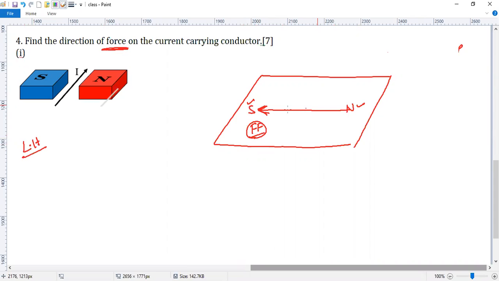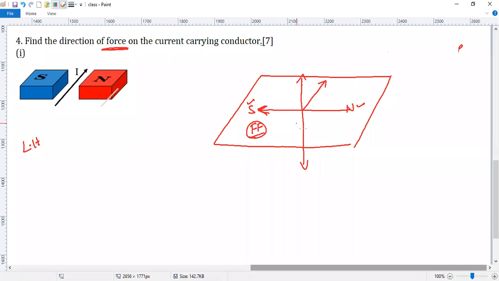So that should be pointing in this direction. And the current is moving from south towards north, that is away from you. You're able to imagine these two are perpendicular lines. I'm drawing it like a 3-dimensional thing. Fine. So the mutual direction will be this one.